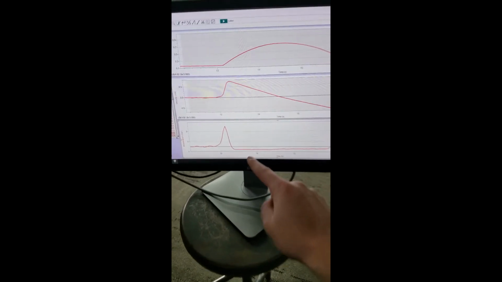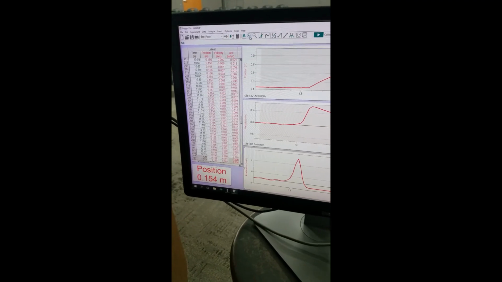And our acceleration, if you look carefully, is always negative. It's a constant flat line, and we can see that from our data there.